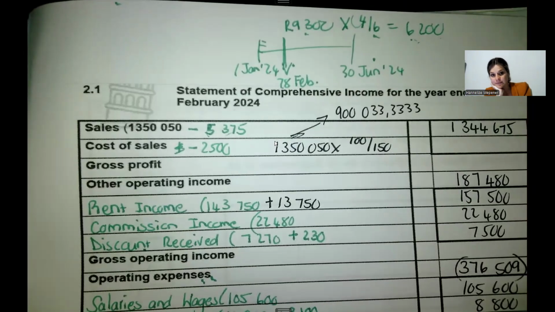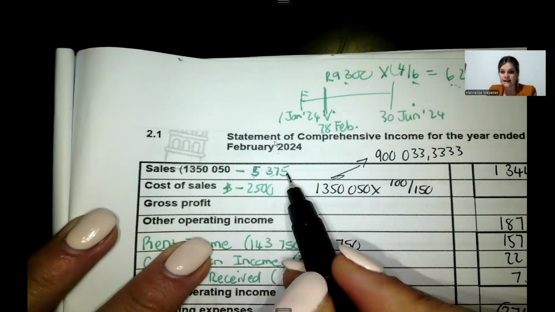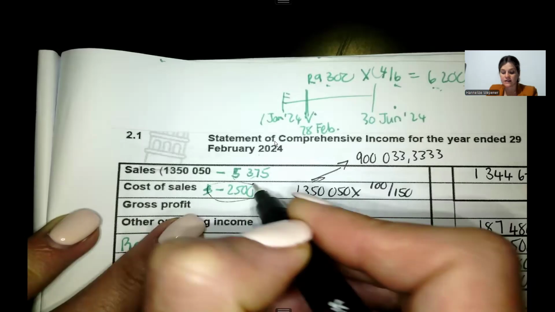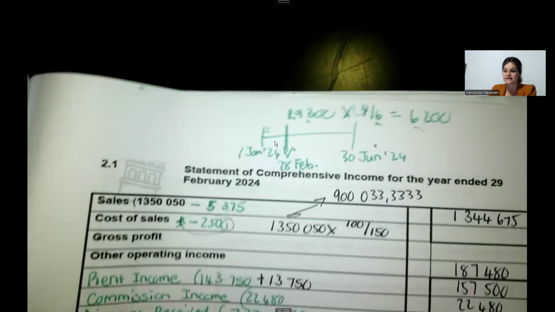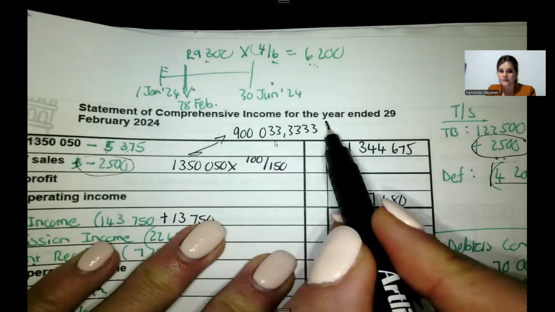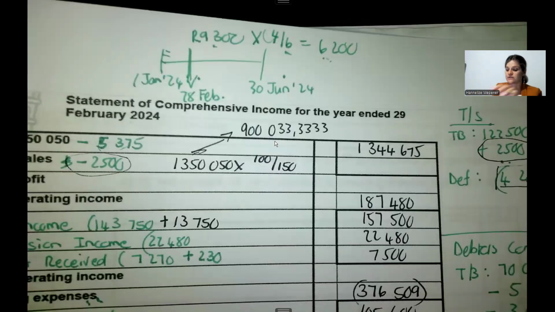Why does it give me that amount? Because I didn't use my net sales. Remember I had the return from the debtor. So, sorry, that was planned. You know me, I do those things. Just for you to see, there you go, because you had to use your total sales.